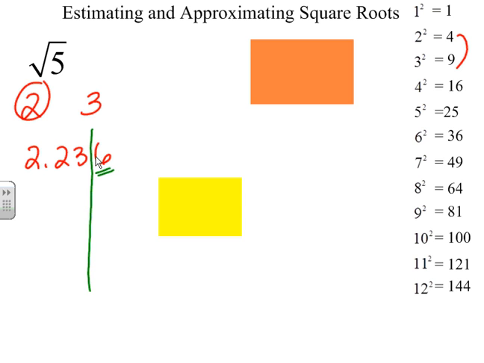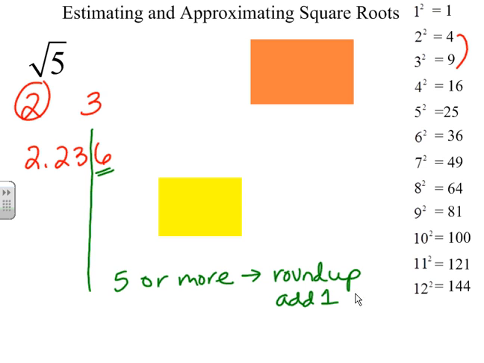Because if this number is 5 or more, we're going to round up. In other words, we're going to add 1 to the hundredths. If it's 4 or less, we're going to leave it alone.